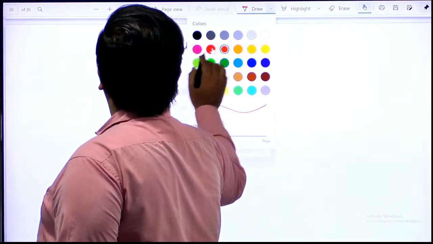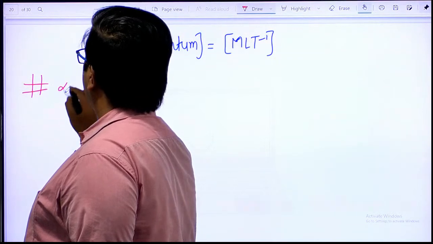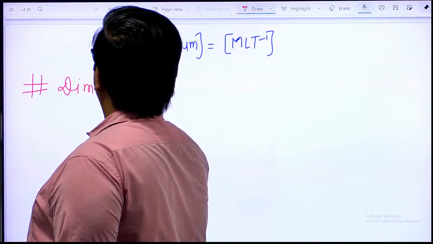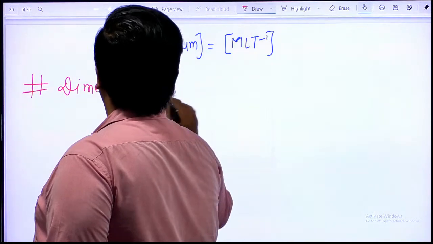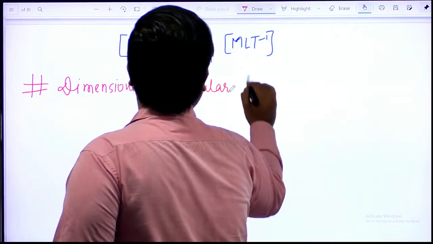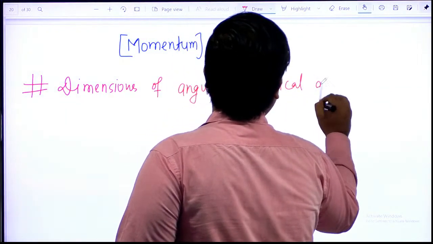Dimensions of angular physical quantities.